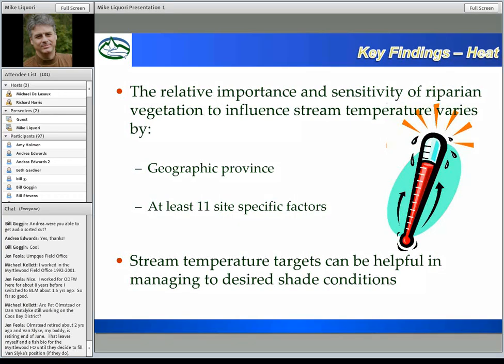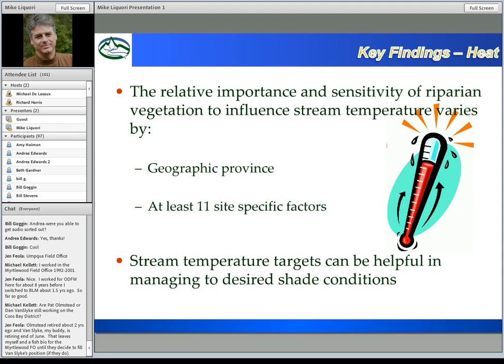So the key findings that we found in the literature review, to summarize: there was a relative importance and sensitivity of riparian vegetation to stream temperatures, and it varied by geographic province. As you go from north to south in California, it changes. As you go west to east, it changes. There were at least 11 site-specific factors that affect temperature, not just one, not just shade.